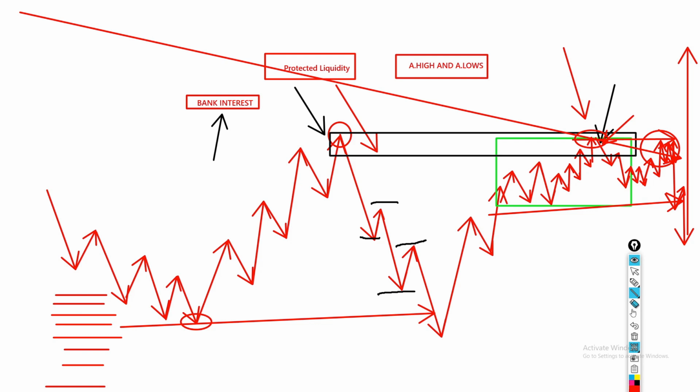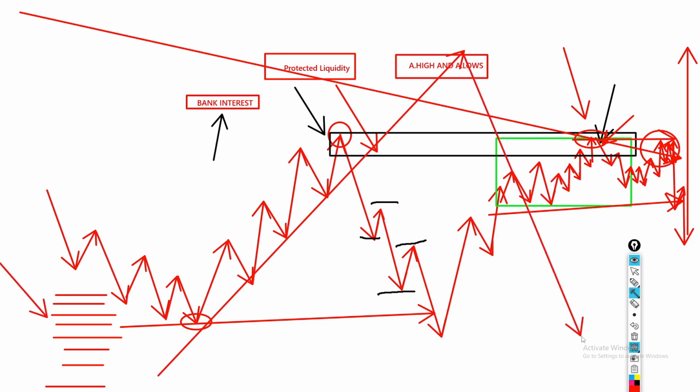Because now the market is interested in clearing liquidity to the upside and is saving that Asia low liquidity for whenever they decide to take price lower, to have enough fuel to actually fulfill the movement.